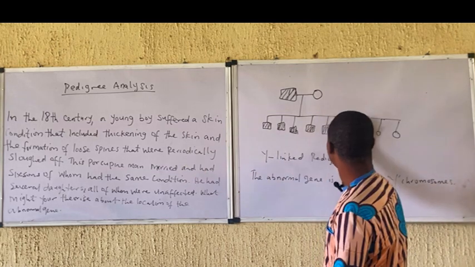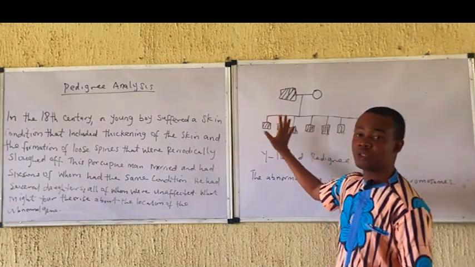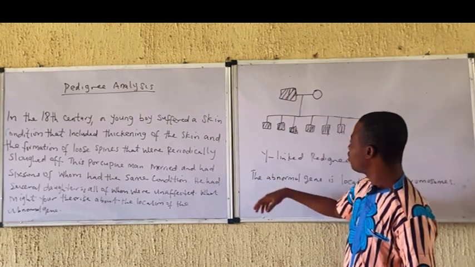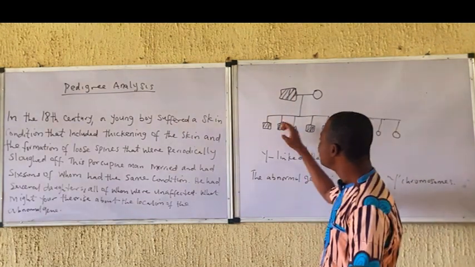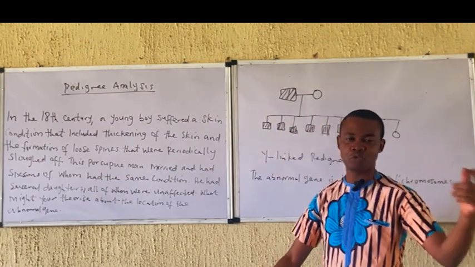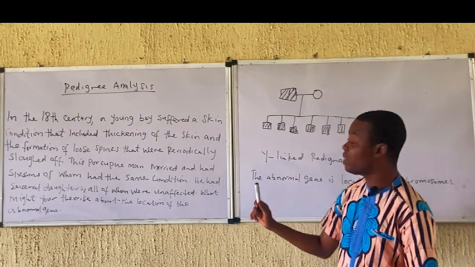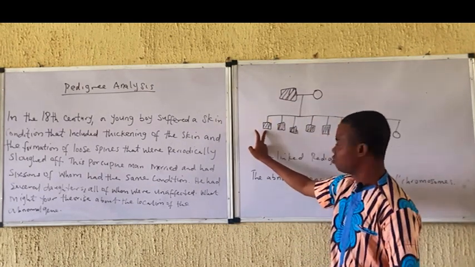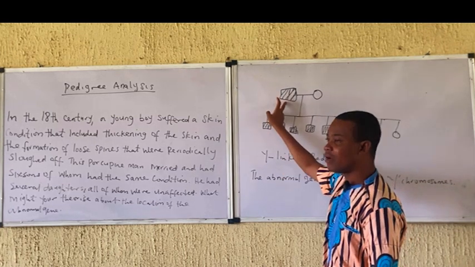Now from this pedigree analysis, what can you deduce from this? The only thing you can deduce is that this type of abnormal gene is Y-linked. Why is it Y-linked? It is a Y-linked pedigree because it only passes from the father to the son.